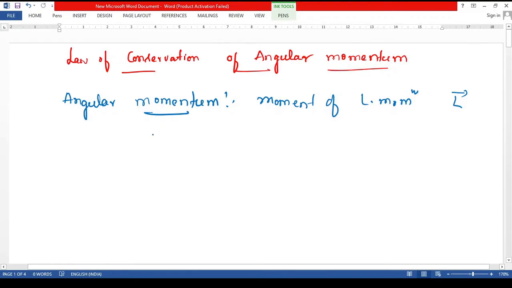Consider a particle of mass m at a position vector r from the origin.